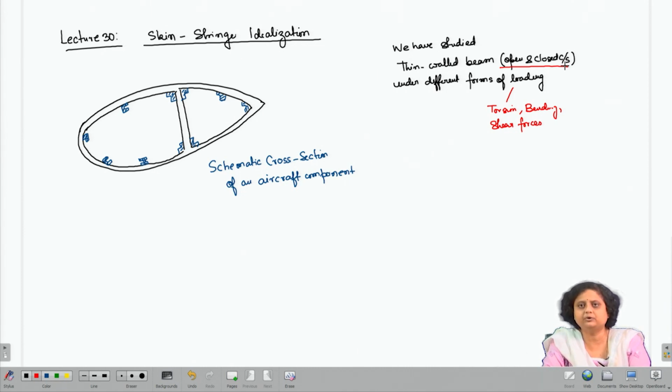So, the torsion produced shear stresses or shear flow, the bending produced direct stresses, and the shear forces produced shear stress or shear flow. What we have done is that we studied the variation of these stresses along the cross section of the beam. This helped us to find out what is the maximum value of these stresses, either normal stress or shear stress, and where does this maximum stress occur.